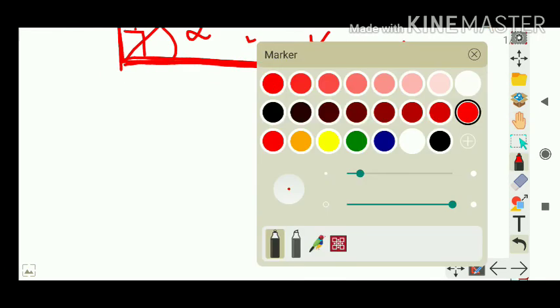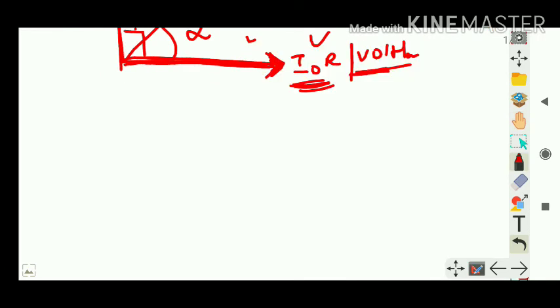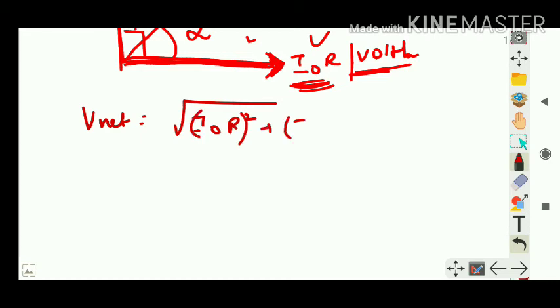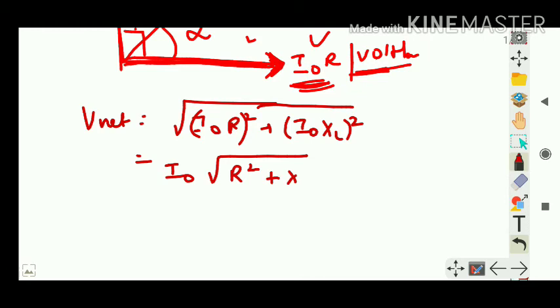Let's change the color. It is V net is equal to root of I naught, just like vector addition, R squared plus I naught XL whole square, or I can bring I naught outside, so I naught root of R squared plus XL whole square, that is V net.